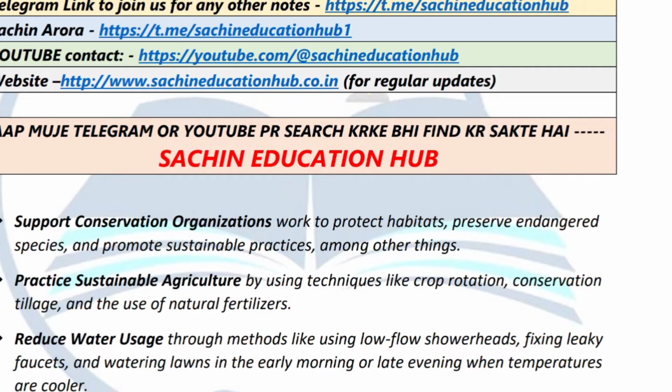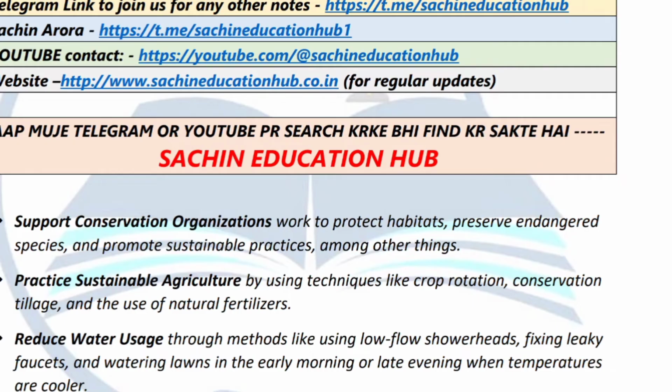Next point is sustainable agriculture. Agriculture is an important thing for India and many other countries as well, and it is the major source of livelihood for India, right? So its conservation is also important. Use various techniques for the sustainability of agriculture, like crop rotation, conservation tillage, or use of various natural resources, so that agriculture will be sustainably used, not depleting various resources very soon.